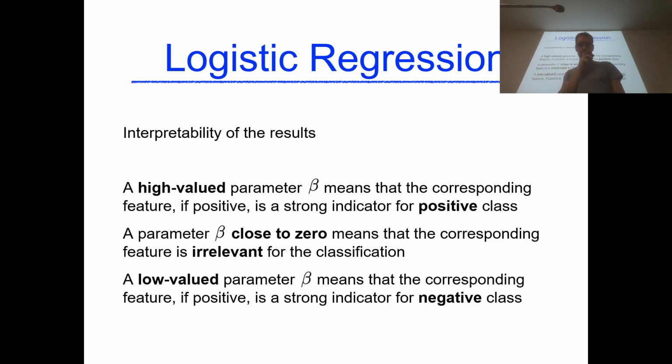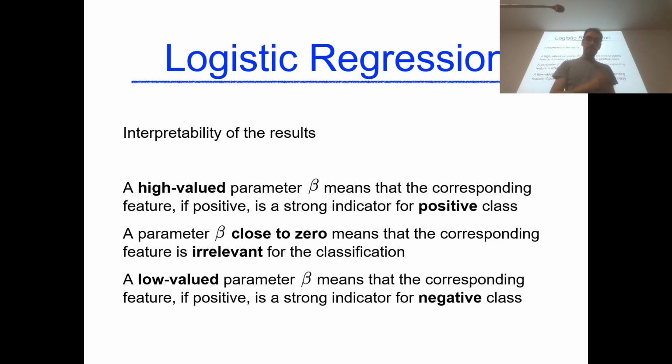Instead, for instance, if the parameter is near 0, it means that that specific feature is more or less irrelevant. So you could even remove it from the training set and not lose accuracy in prediction, because it's more or less just noise.